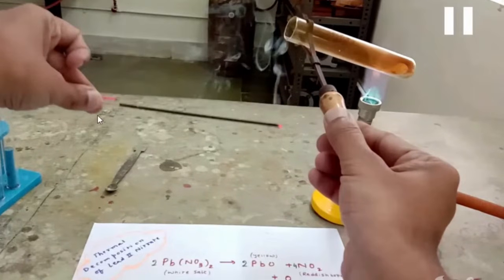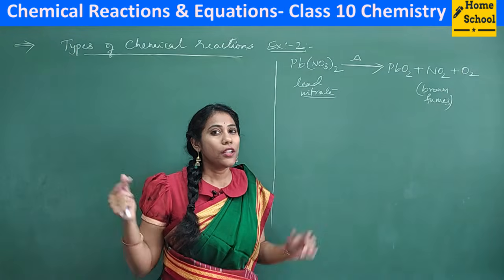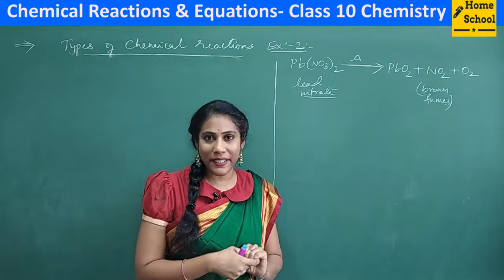You can see these brown color fumes all over the test tube, right? This is the major product, which is very, very important, that is nitrogen dioxide. So one is oxygen gas, you got nitrogen dioxide, and the remaining white color thing gets converted into lead oxide. This is how lead nitrate undergoes decomposition. So that was an interesting experiment, isn't it?